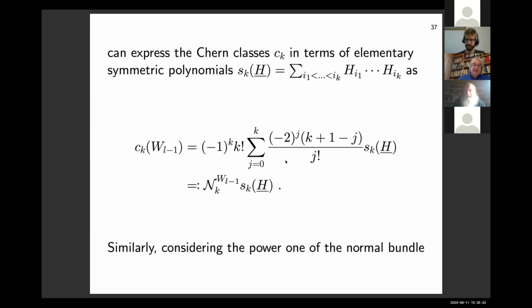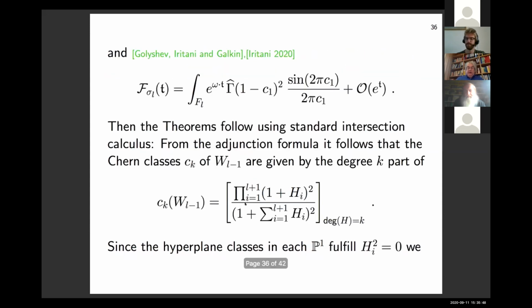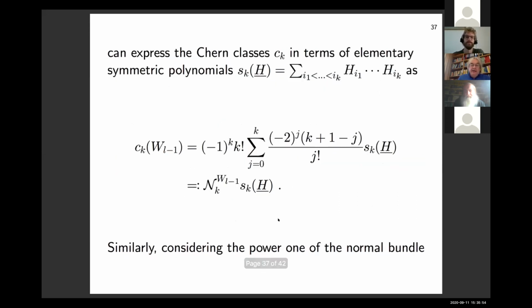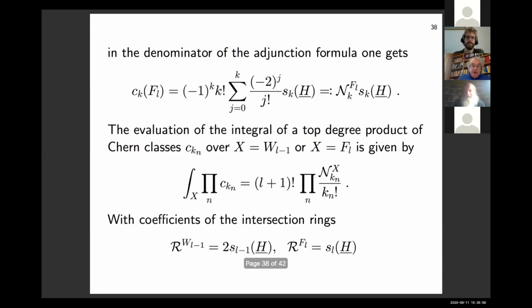And you find a certain normalization factor, which I call NWL. And then similarly, as you have the adjunction formula, but you want the Fano variety, you leave away this 2 and do the same thing. And then you get the Chern classes of the Fano variety, and they are written there. They are also given in terms of symmetric polynomials.